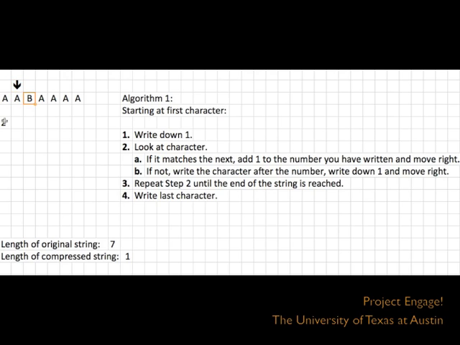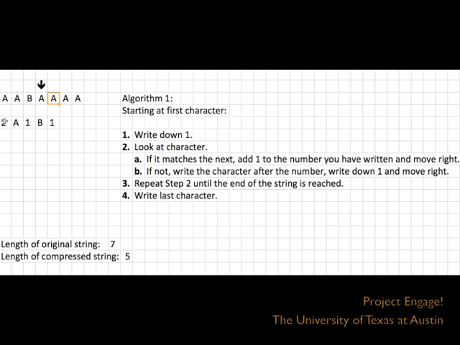If it matches the next, which it does not, we're going to write the character, and then write down a 1 and move right. Look at the character. If it matches the next, which it does not, we're going to write down the character, write a 1, and move right.